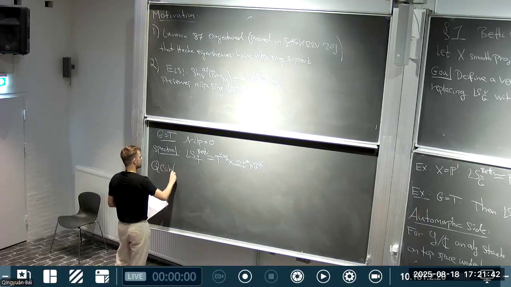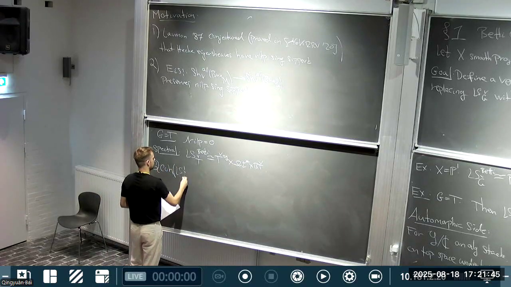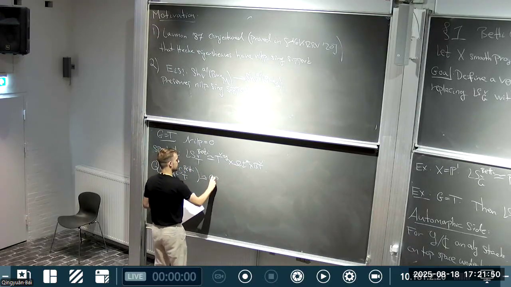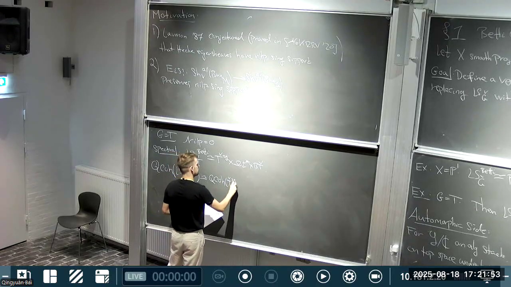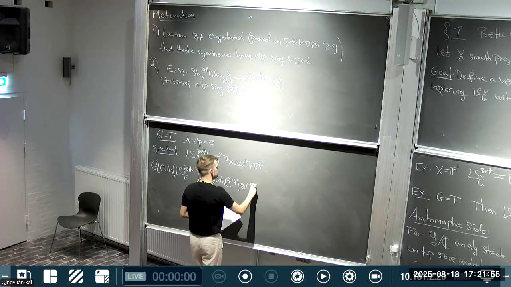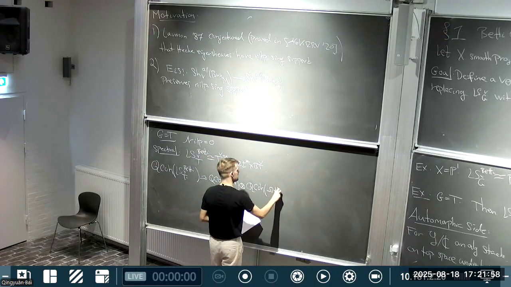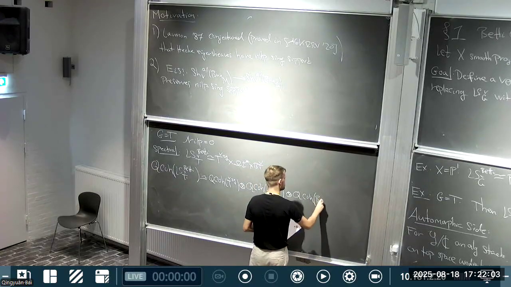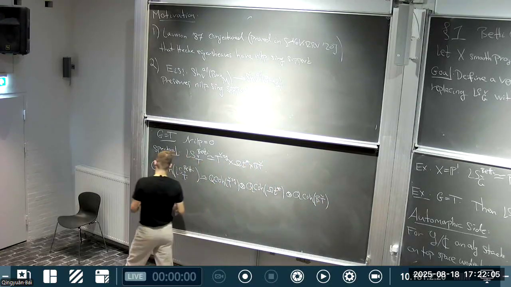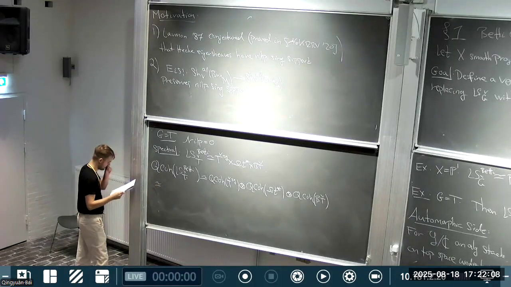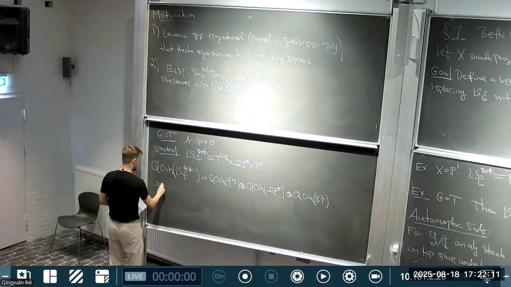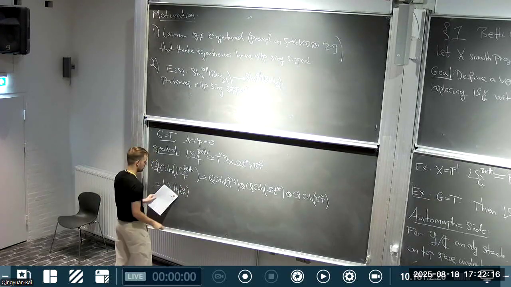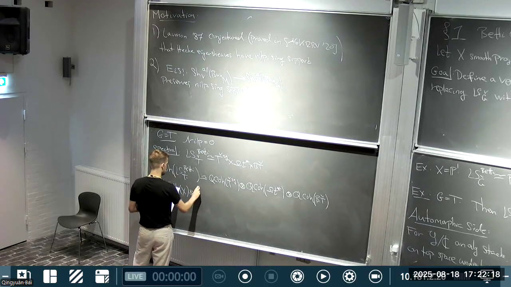If you take quasi-coherent sheaves on the Betti stack, what do we get? We get a product of these things. Let's just compute each one. So this one here, it's not so easy to see, is modules for the group algebra of the first homology, which tends to the coweight lattice.